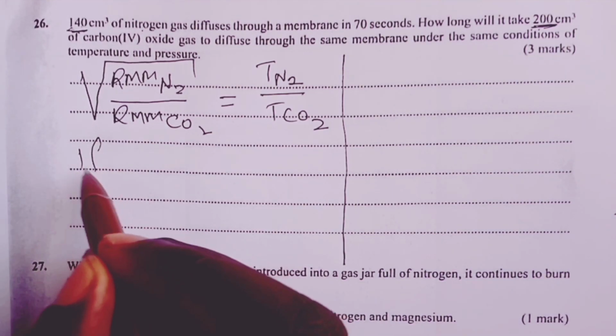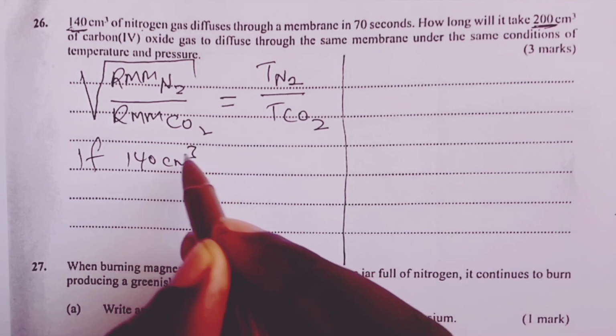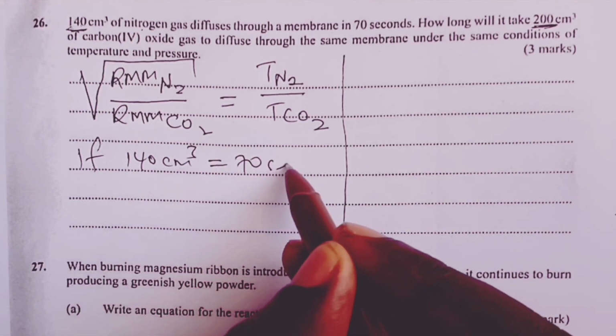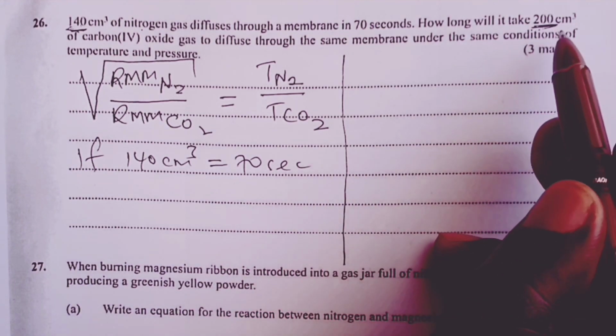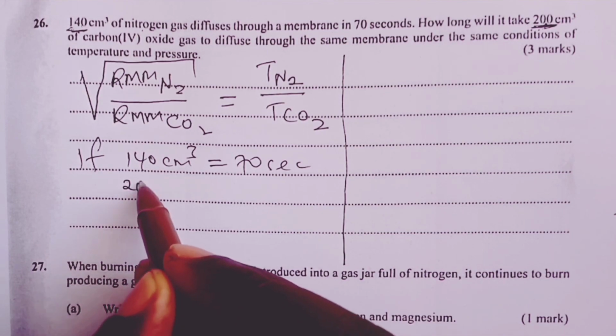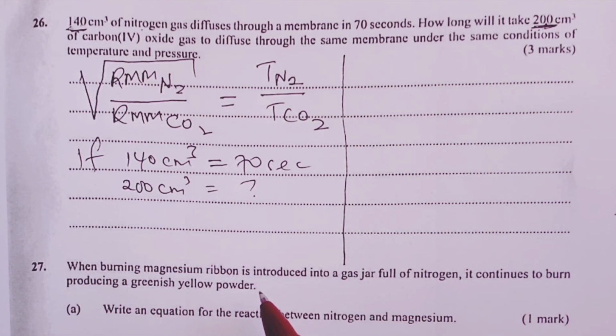So easily, by arguing that if 140 cubic centimeter, this is for nitrogen, needed 70 seconds. Suppose we used equal volume with that of carbon 4, and that is 200 cubic centimeter. How much or how long would we have taken?